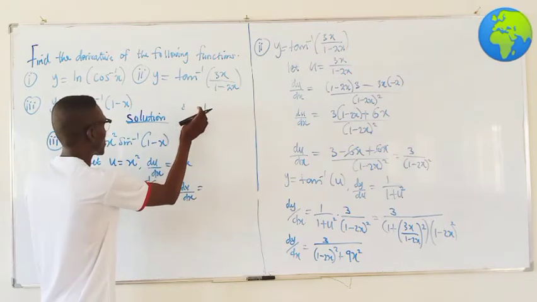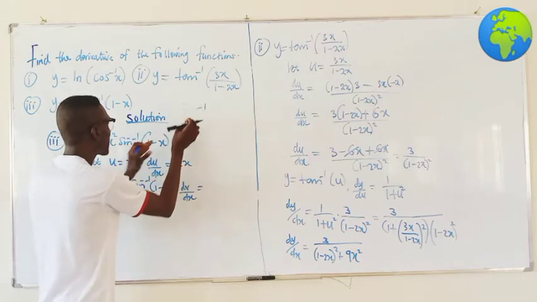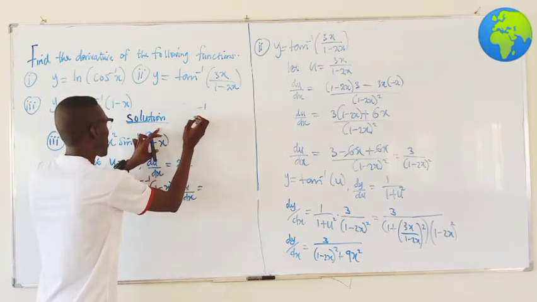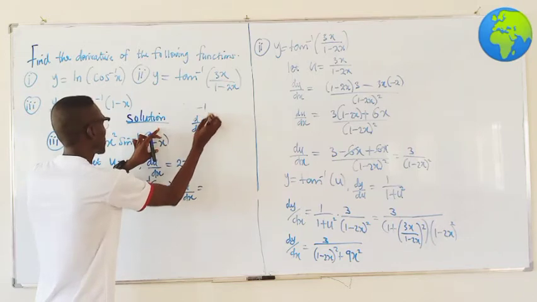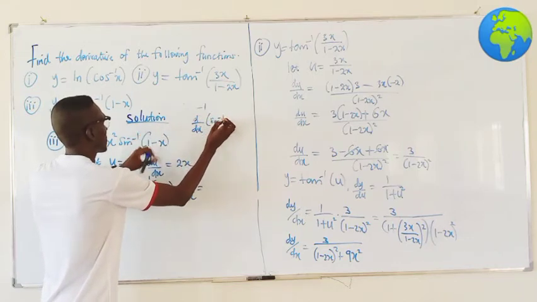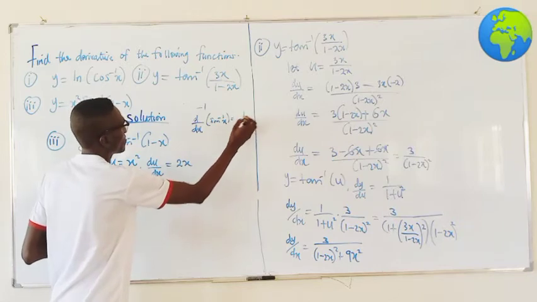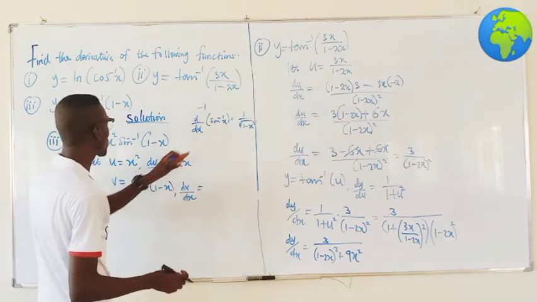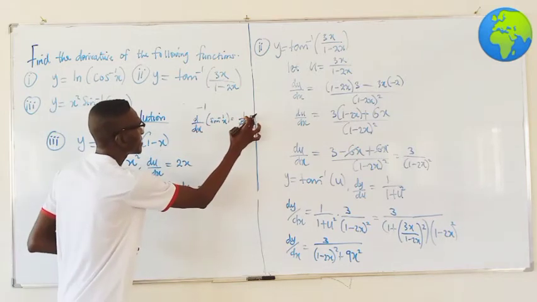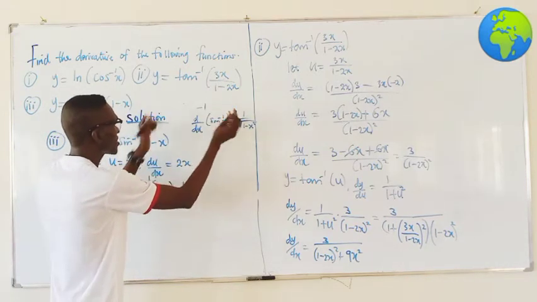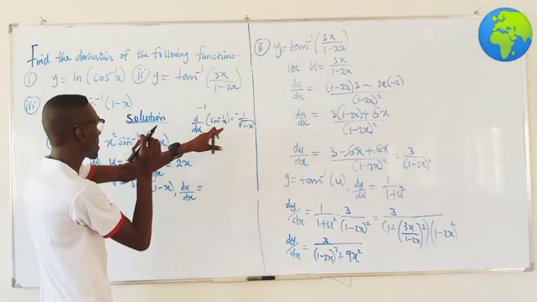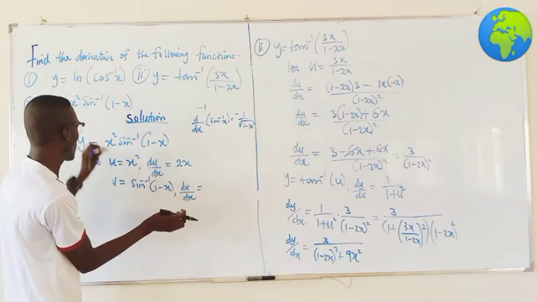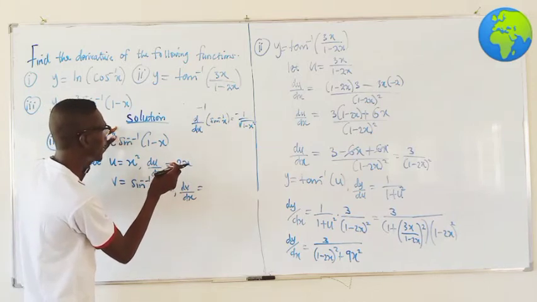If you differentiate the function normally, d/dx of sine inverse of x is 1 over square root of 1 minus x squared. So if you multiply this with this, I'm going to have minus 1 over that. So I'm going to have dv dx to be, what is the derivative?